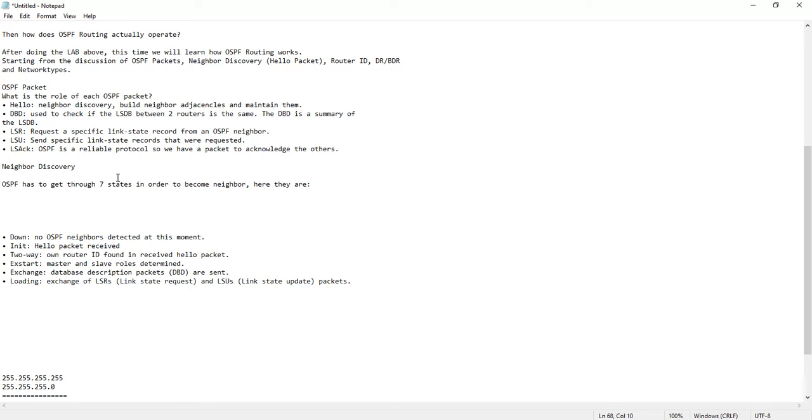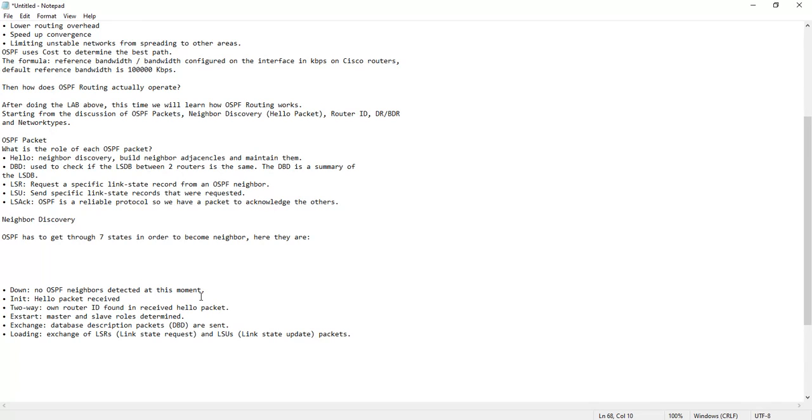Loading is the exchange of LSR link state request and LSU link state update packets. We will talk about this in theoretical form, how OSPF packets work.